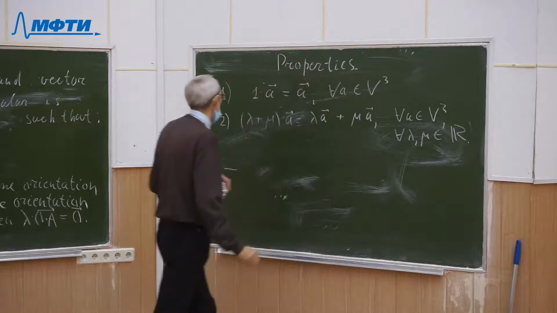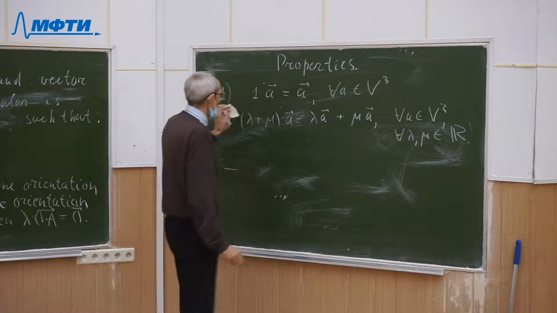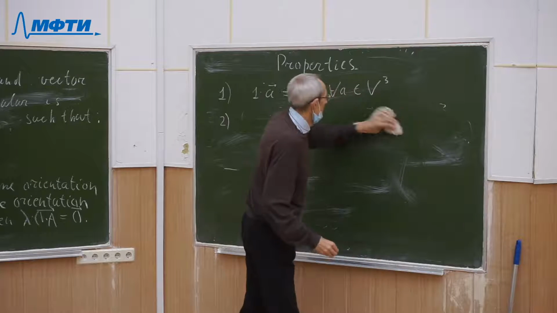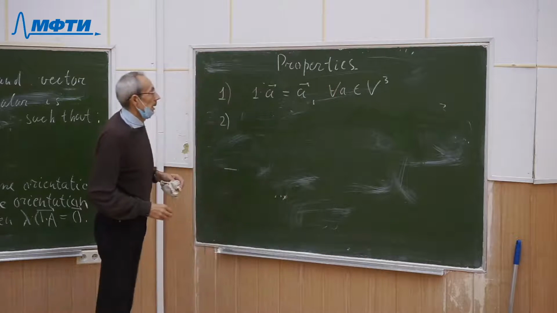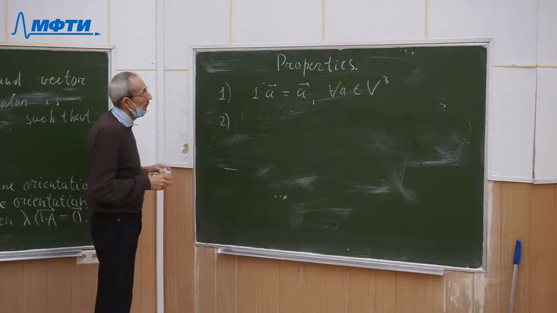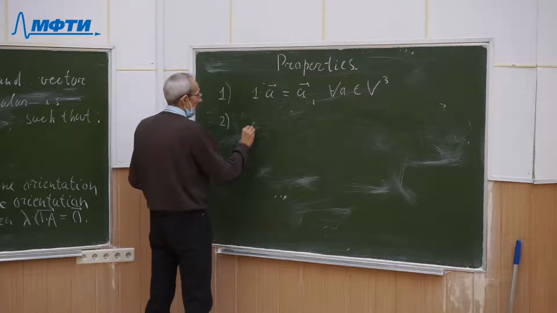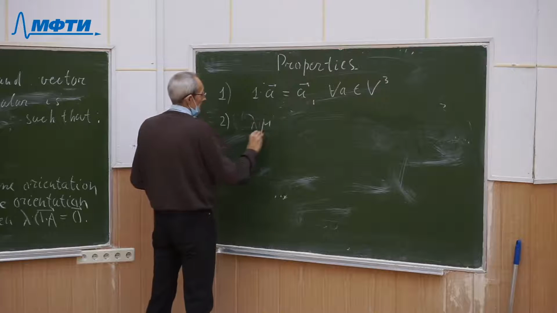lambda mu. Oh, I'm sorry. This property connects two operations, sum and scalar product. For scalar product, we have the following property.